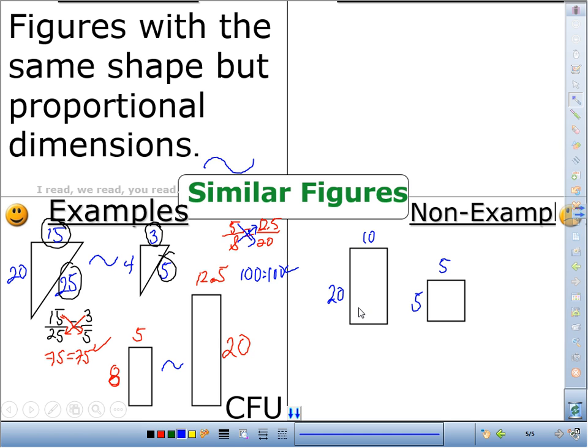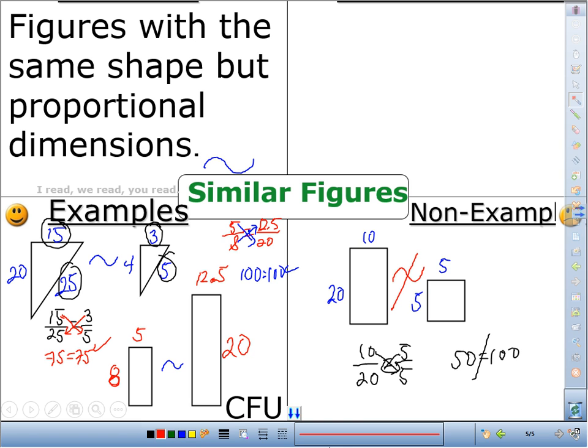Even they look kind of the same, but let's find out if they are proportional. What do I write for this one so I can check? 10 over 20, and this one is 5 over 5. Cross multiply. This is 50, and this is 100. Is 50 equal to 100? No, so you put a dash to it because it's not equal. So therefore, look what I'm going to do here. I'm going to write again the symbol for similar, but I'm going to put a dash like this, saying that it's not similar.